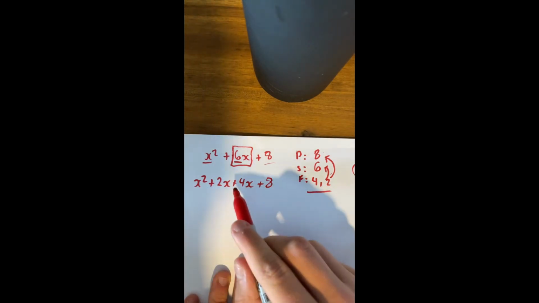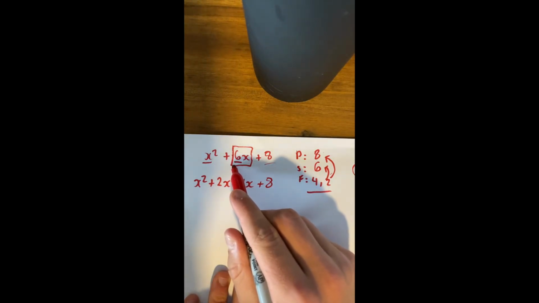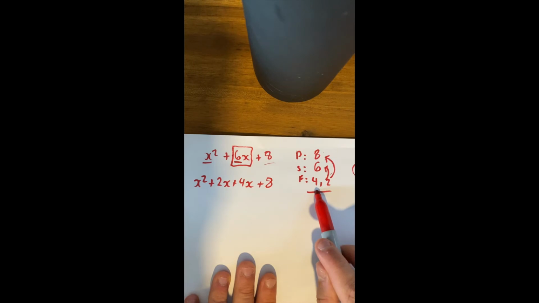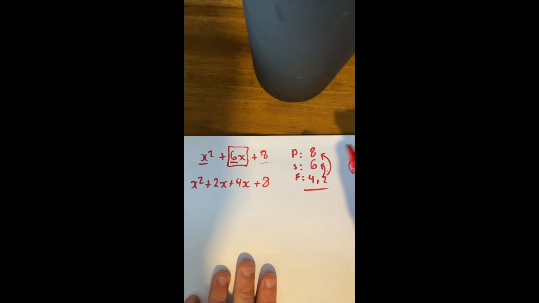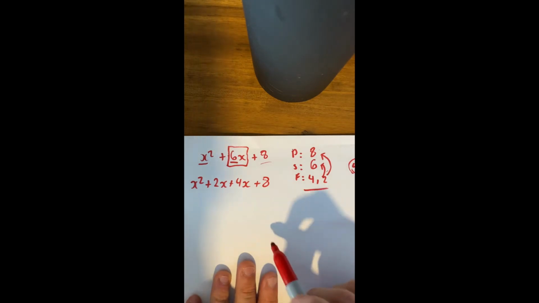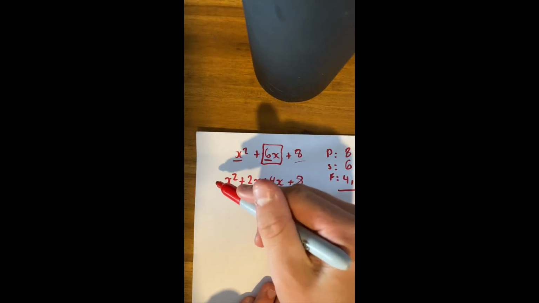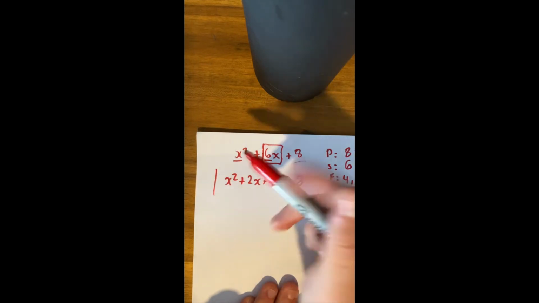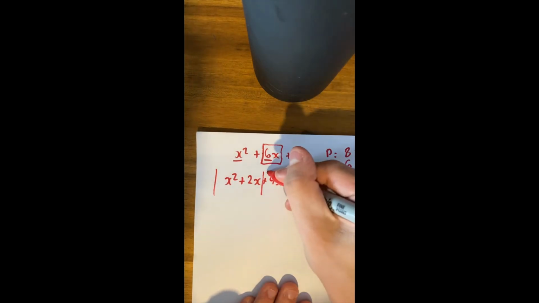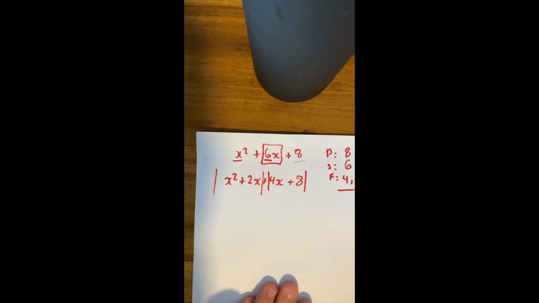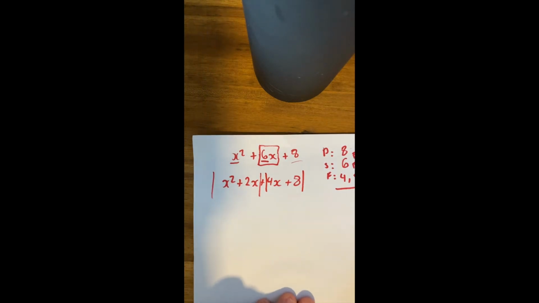What I've done there is just split this middle term according to the factors that added to give the product 8 and also the sum of 6. So with this, we can now factorize it in parts. So we'll factorize this and this part independently of each other.